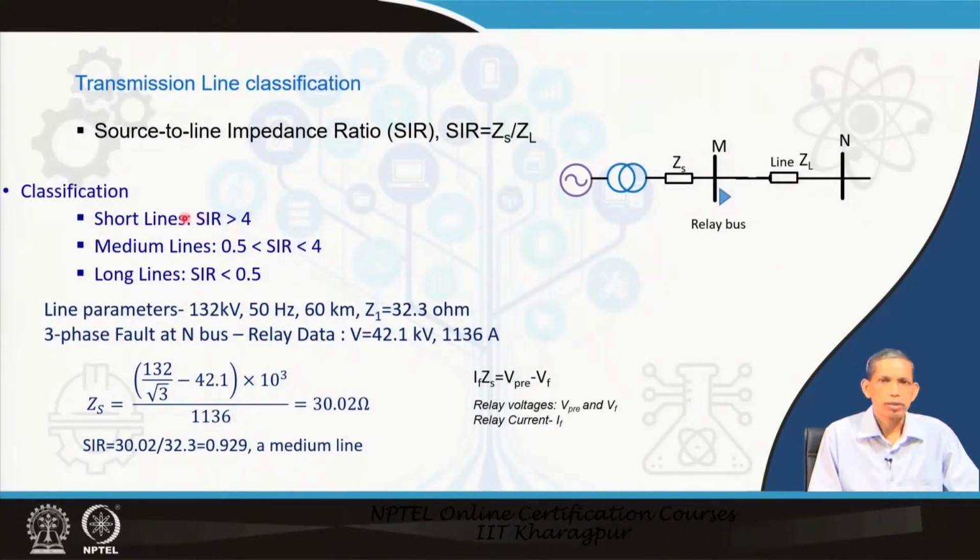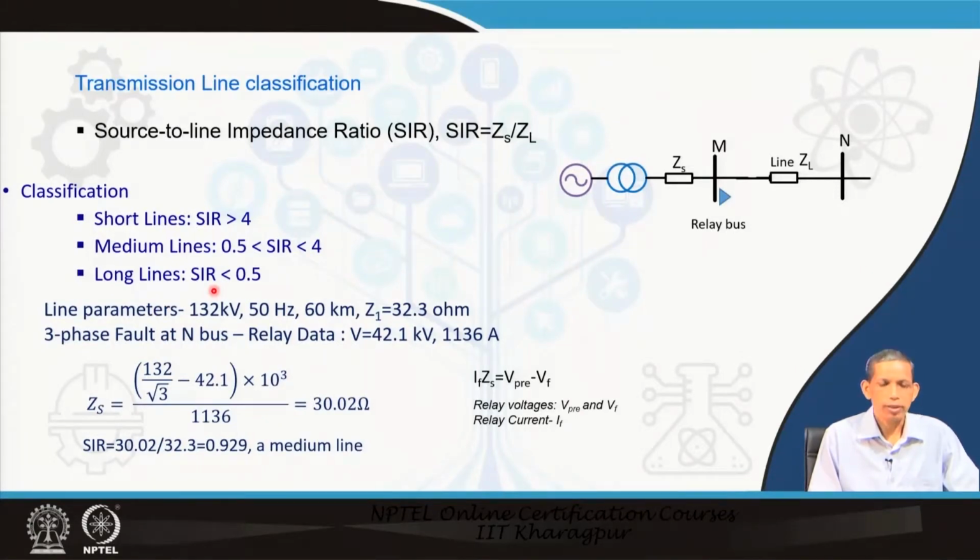In that case, from the protection perspective, we classify transmission line into short line, medium line and long line. When the SIR becomes higher than 4, that is categorized as a short line, that implies that the ZS value is more than 4 times the ZL, very unusual. Medium lines have SIR values between 0.5 and 4, and for a long line the SIR happens to be less than half.